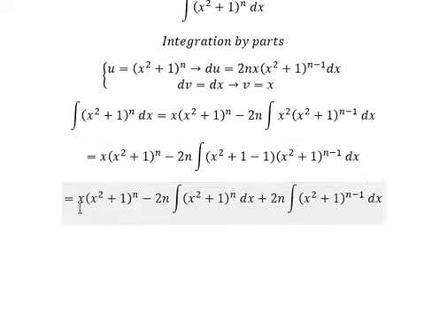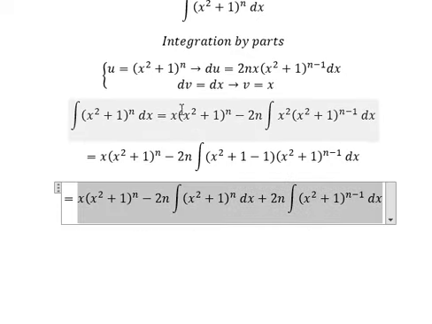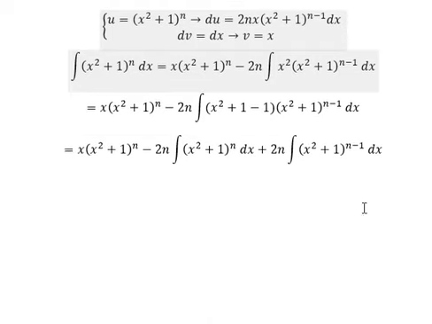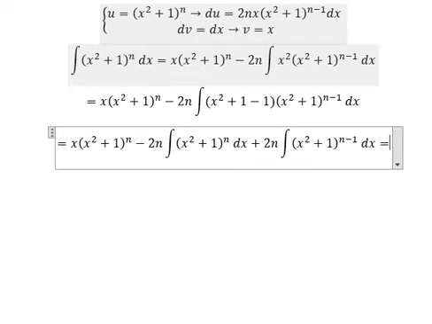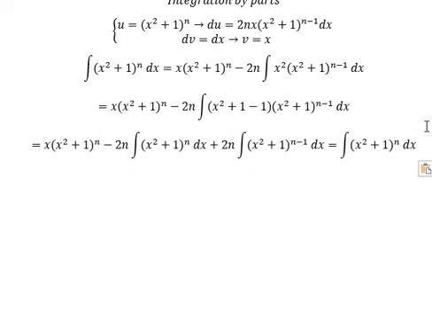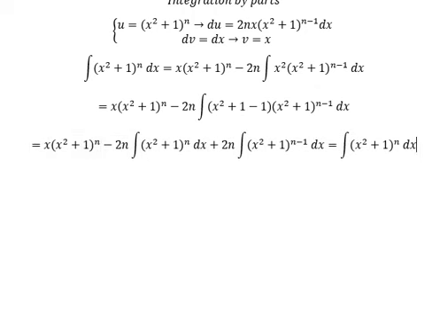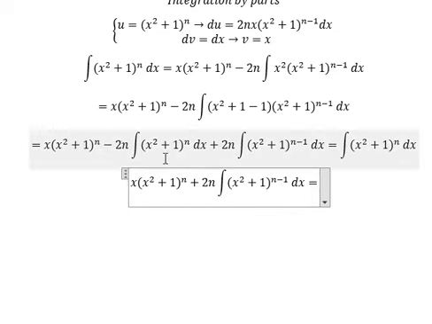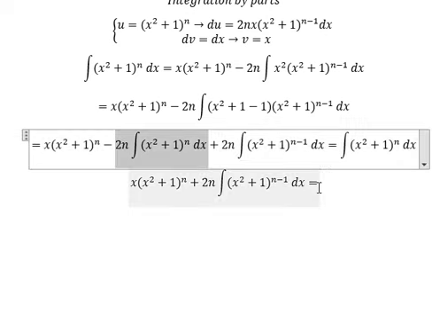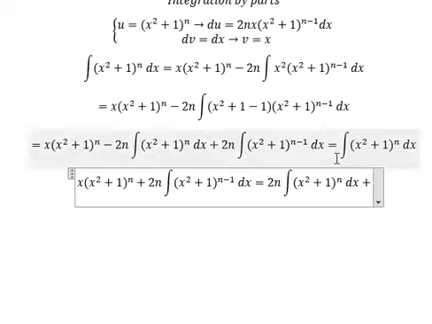And we also know that this one equals to this one. So I will put this one to the right, and this one we have positive in here.